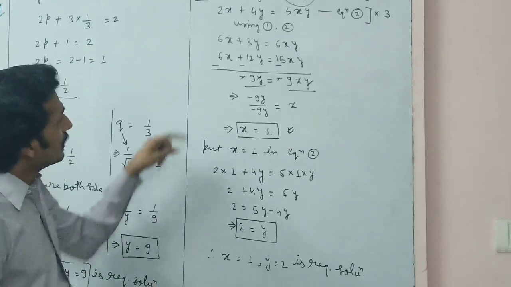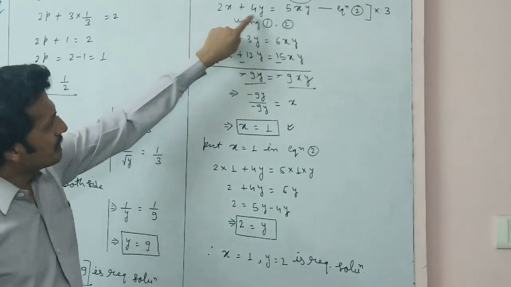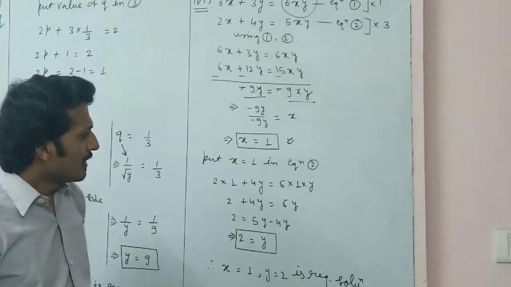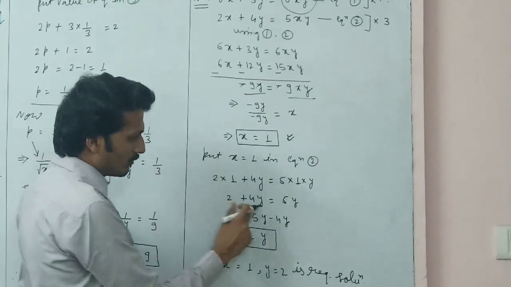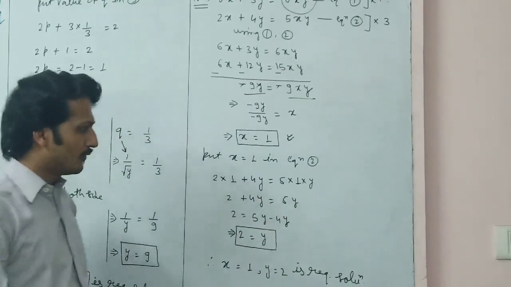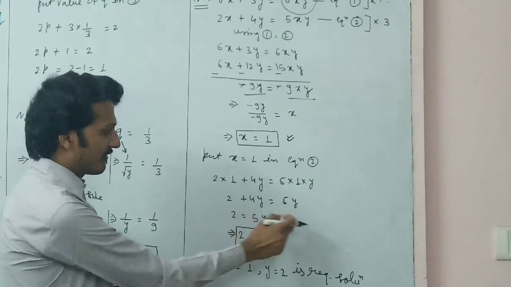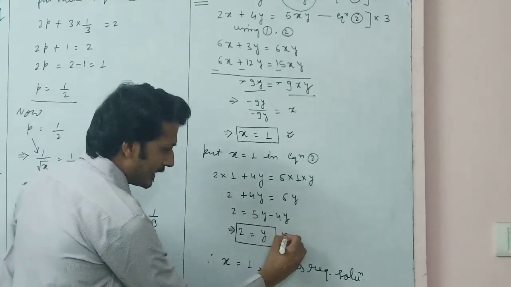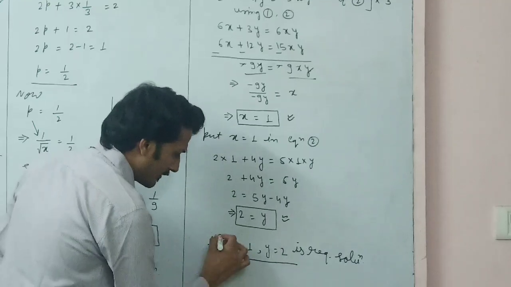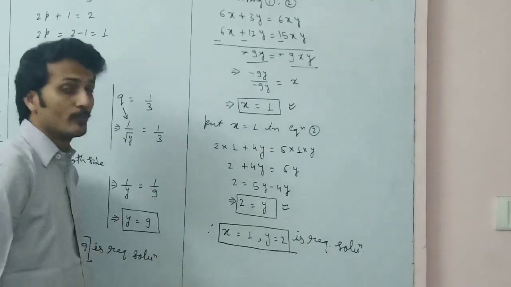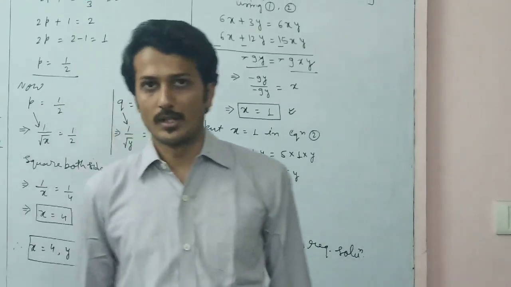So we have 2 into 1 plus 4y equals 5 into 1 plus y into y. So we simply get 2 plus 4y equals 5y. So 2 equals 5y minus 4y, or we can write y equals 2. So x equals 1 and y equals 2 is the required solution.